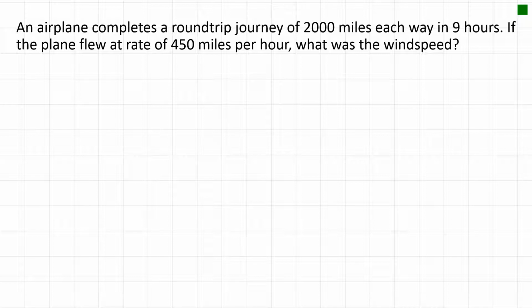So I'm just going to draw a little sketch of what this trip looks like. So the plane flies there and then returns. And we know that this distance is 2,000 miles from just one way, so it's going to be 4,000 miles in total.